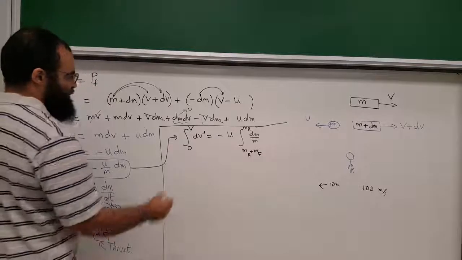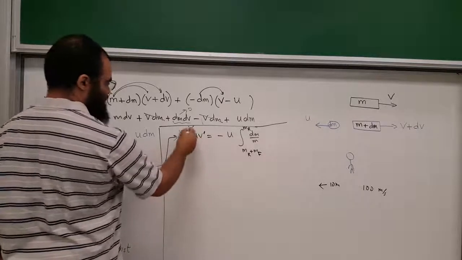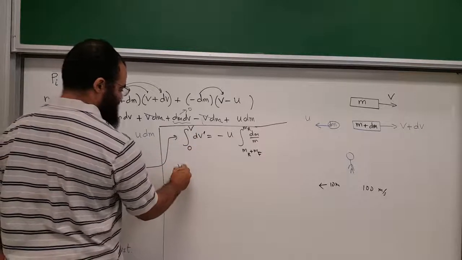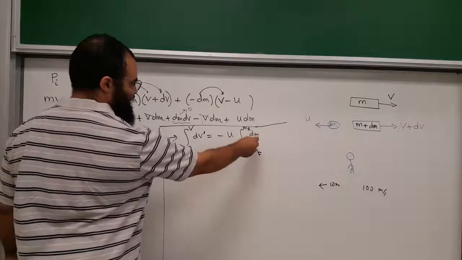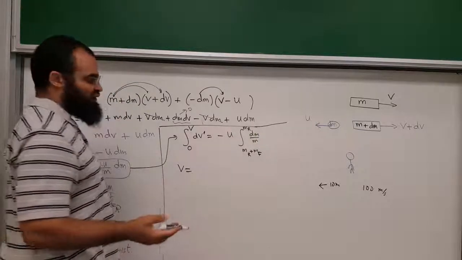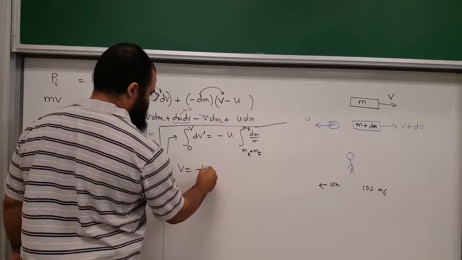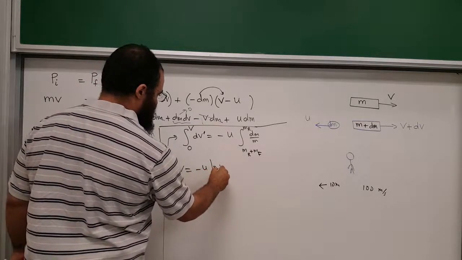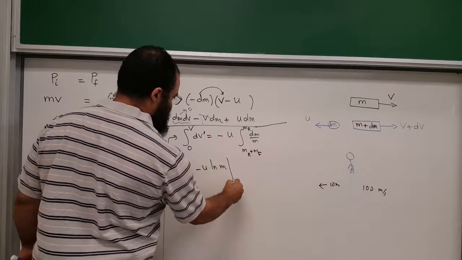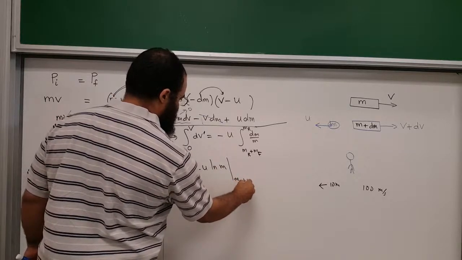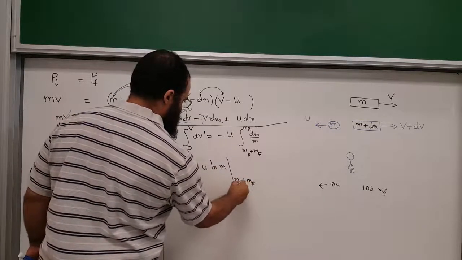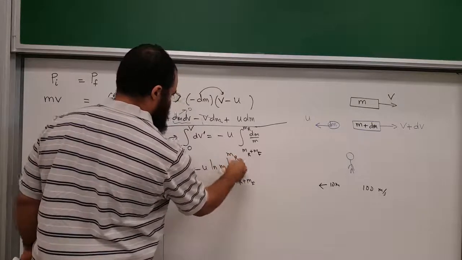So let's integrate this. The integral of dv is just v minus 0, which is v. For dm over m, the integral of 1 over x is the natural log. So it will be negative u times the natural log of m evaluated between mr plus mf, the mass of the fuel, and m of the rocket.